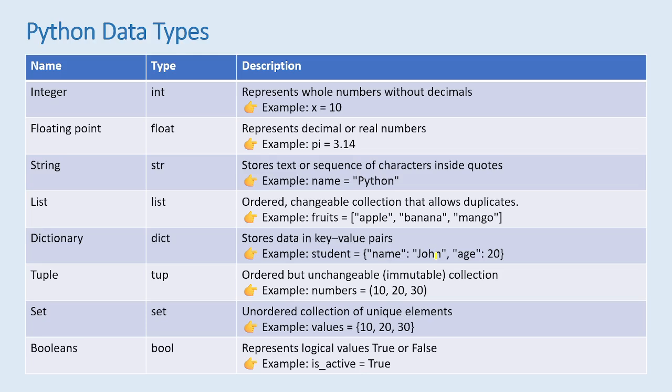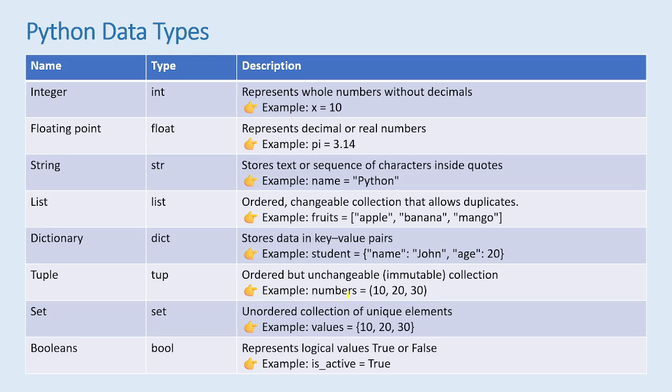The next data type is tuple. It is ordered but unchangeable. We often get this question in interviews: what is the difference between list and tuple? Both are ordered, but list is changeable, but tuple is unchangeable. What does that mean? That tuple cannot change its values.